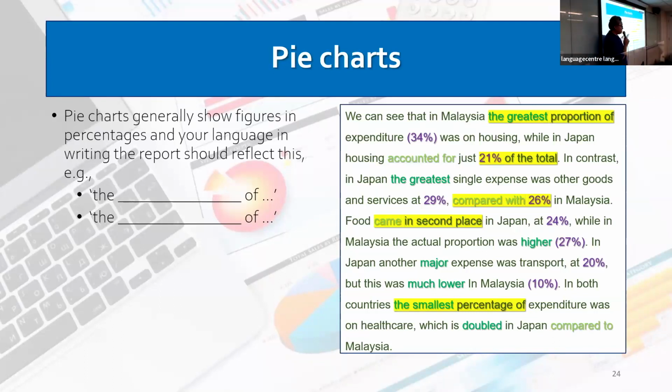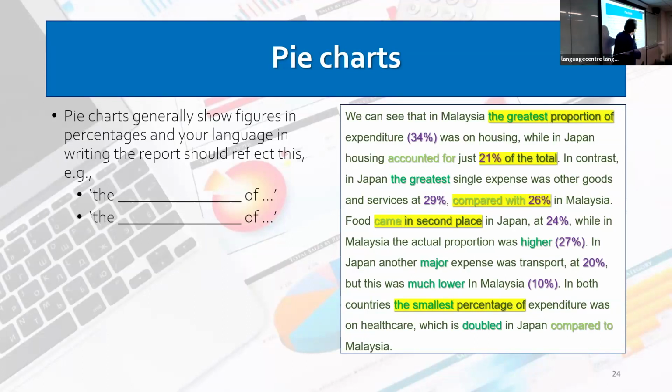So this is a sample paragraph. As you can see, there are words highlighted in green, showing you some language of comparison, including comparative adjectives, superlative adjectives, right? You can also see some figures reported. You can refer to the words in purple here.